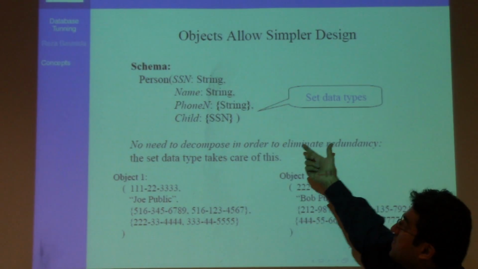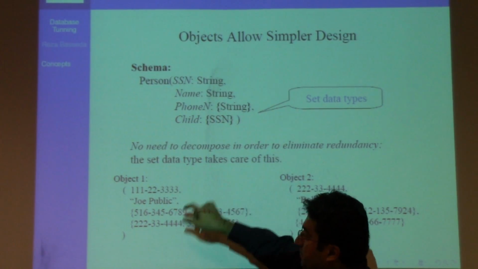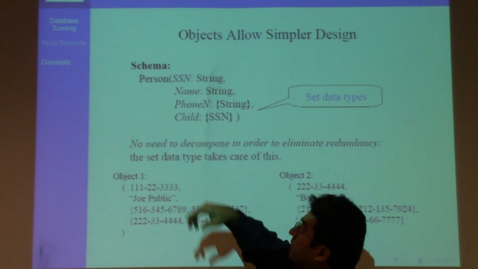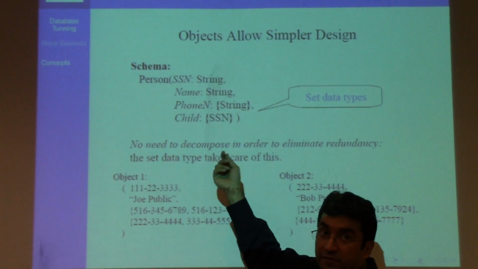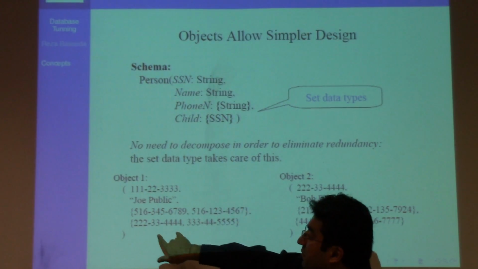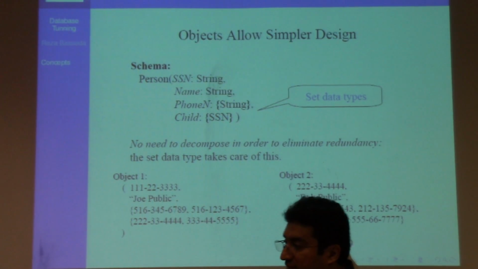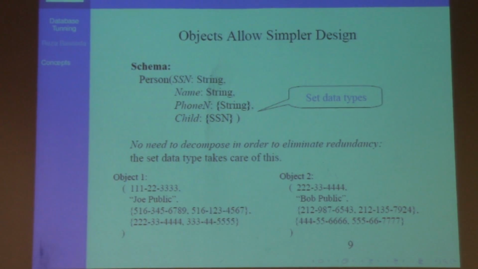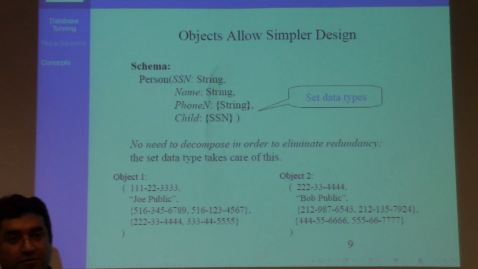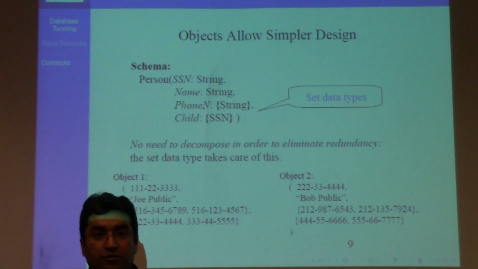And since we can have sets over here, phone numbers can be sets, and also the children can be sets of references to other objects. So we have sets of attributes here. If we have such a schema in an object-oriented database, or instead of a database, think about languages like Java.